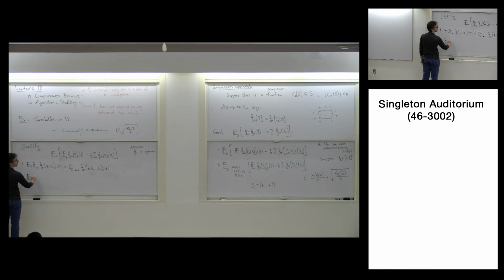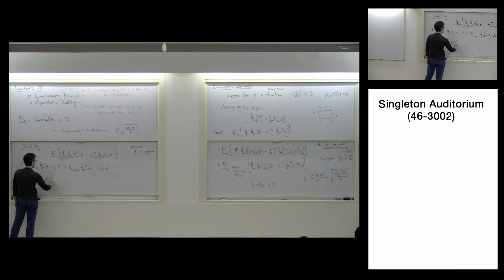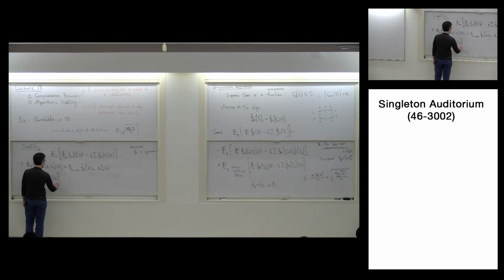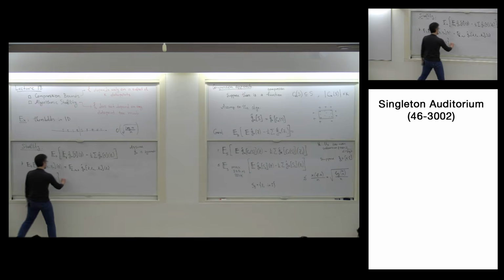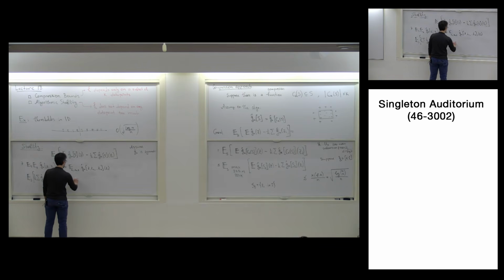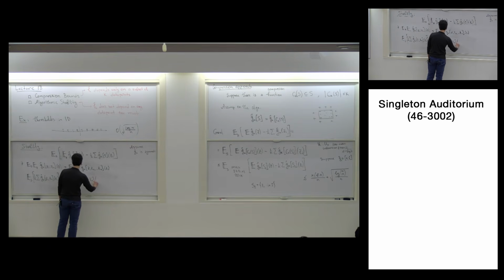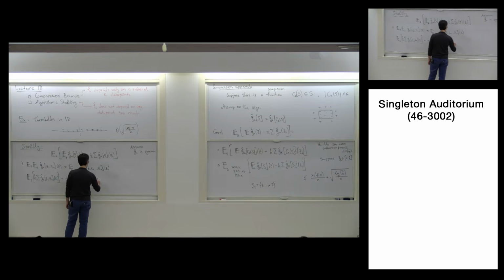The expectation over the data set of 1 over n, sum of G n hat of Z1 through Zn, evaluated on Zi. Now this is equal to 1 over n, sum over i from 1 to n, of the expectation of G n hat of Z1 up to Zn evaluated on Zi.